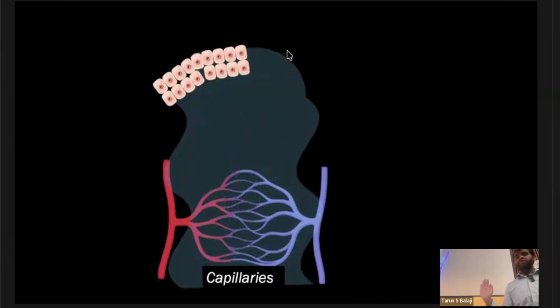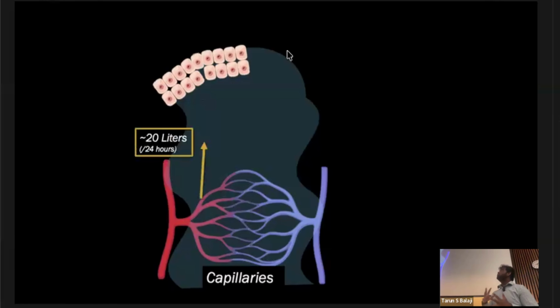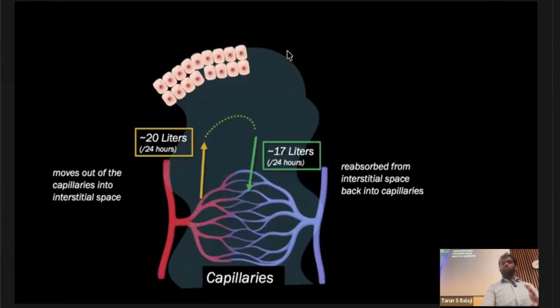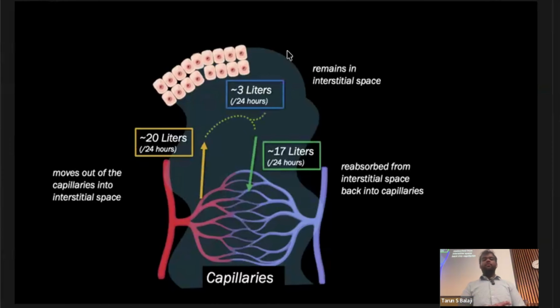So let's do some quick math here. I'm not a math person, and you're not expected to remember this, but just for illustration, every day you're sending about 20 liters of fluid from your capillaries to your interstitial space. About 17 liters get directly reabsorbed by your venous system, which does a great job of sucking it right back in, but that leaves about 3 liters of fluid in your interstitial space.